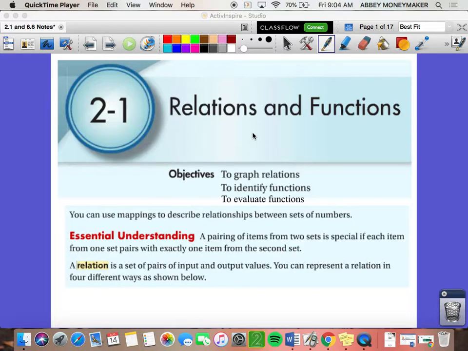A relation here is a set of pairs of input and output values. You commonly know input and output values as x and y. And then we're going to talk about how you can represent a relation in 4 different ways.